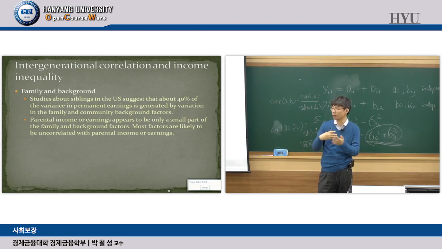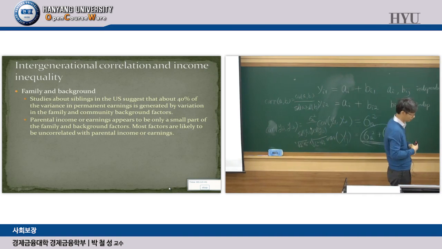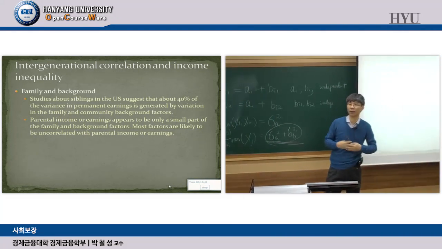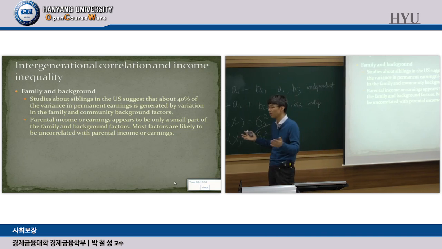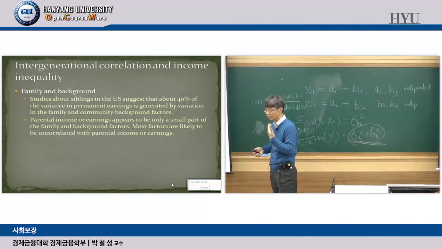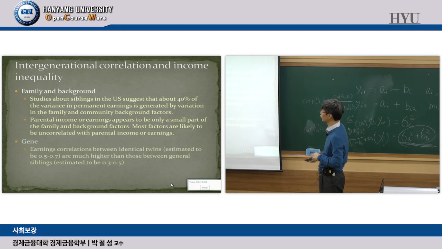There are things correlated with income, but it's not purely income. It could be something like genetics, I will talk about it, or something like school quality. Higher income families generally live in places where the school quality is pretty good. So it could be other things, not just money.